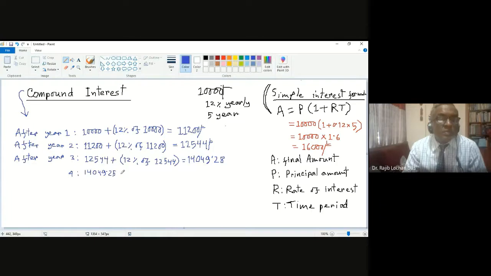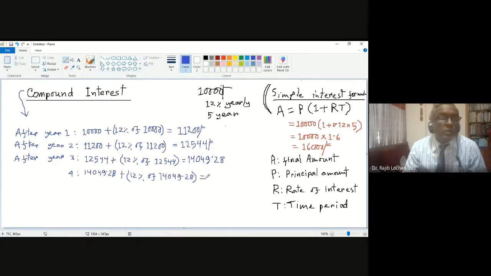And after 4, again the same thing will come. 14,049.28 taka is the principal, and you will add 12% of that 14,049.28 taka.